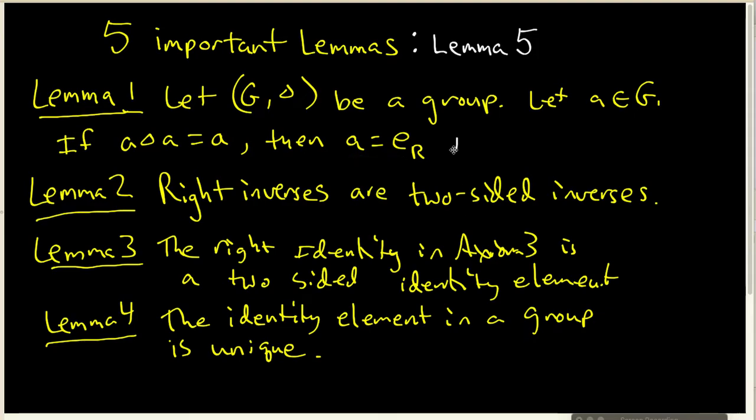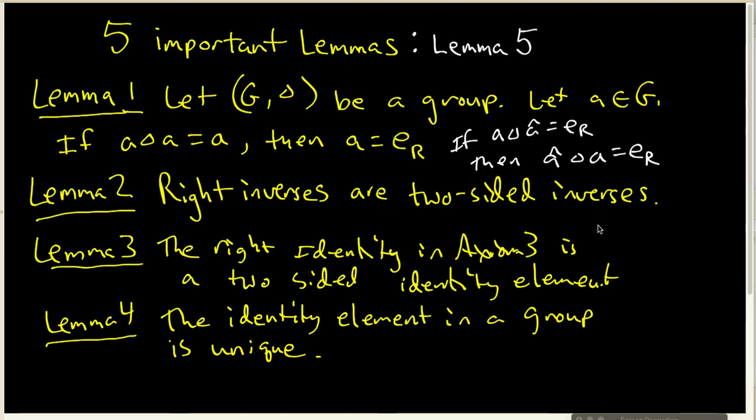In other words, if I know that A triangled with A hat is equal to ER, then I also know that A hat triangled with A is equal to ER. Our third lemma said that the right identity promised in axiom 3 is actually a two-sided identity element.